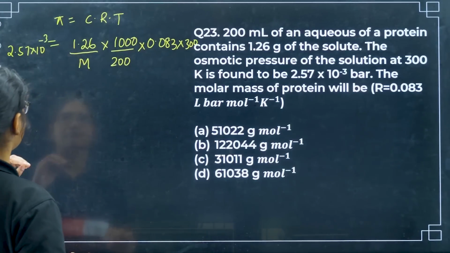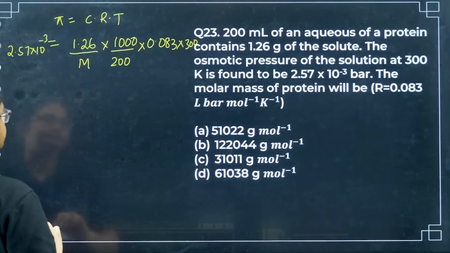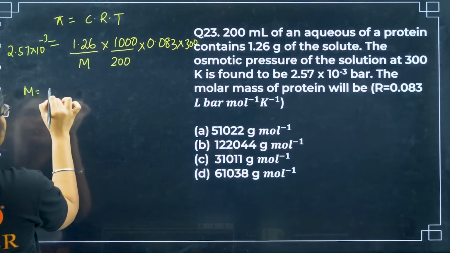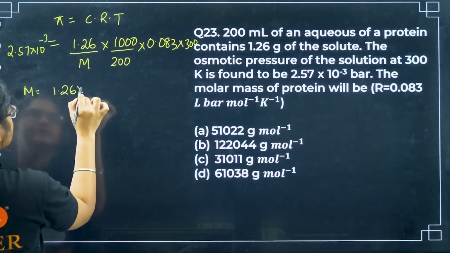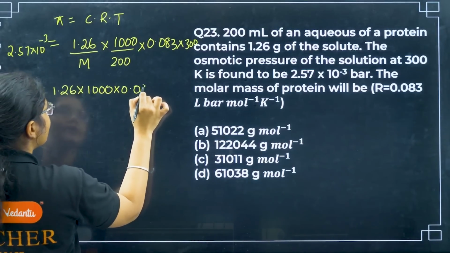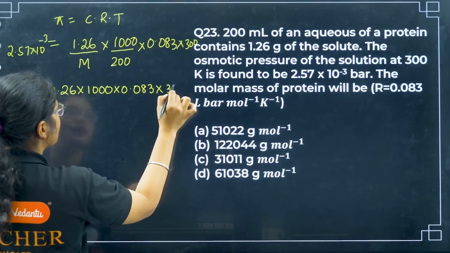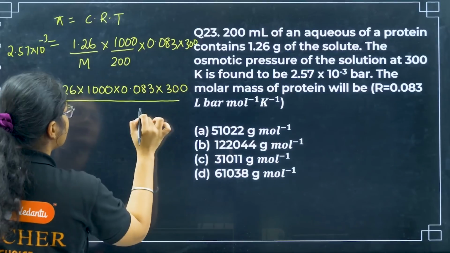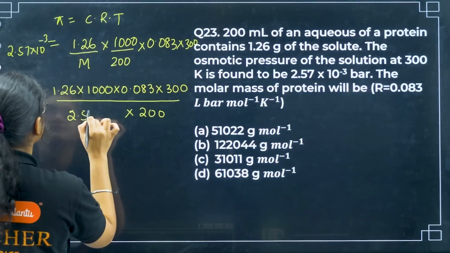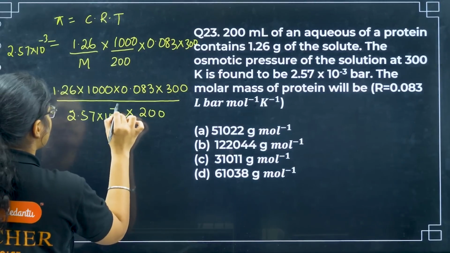Okay, so we have to find the molar mass here. Let us do it now. So molar mass is equal to 1.26 into 1000 into 0.083 into 300, divided by 200 into 2.57 into 10 to the power of minus 3.